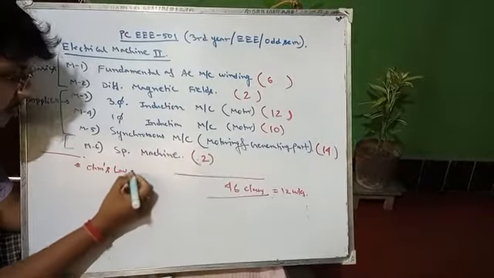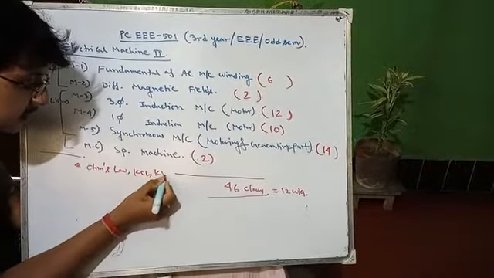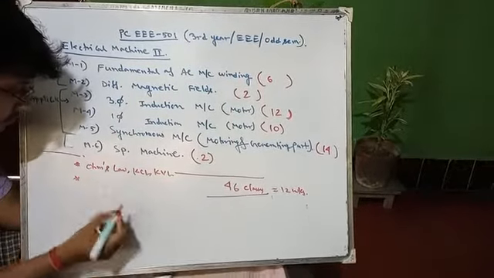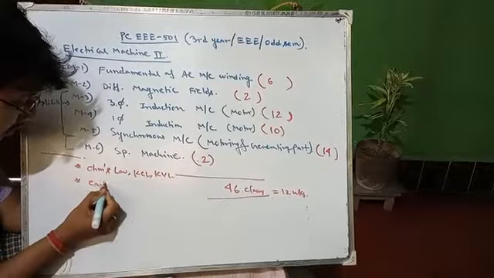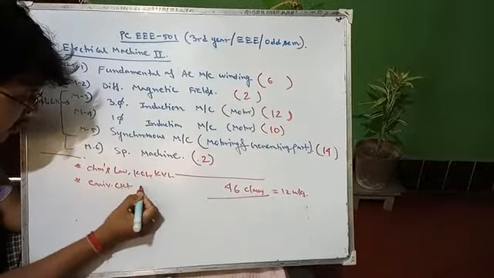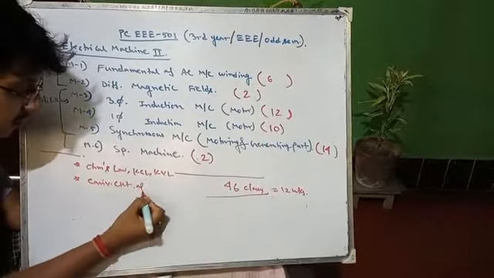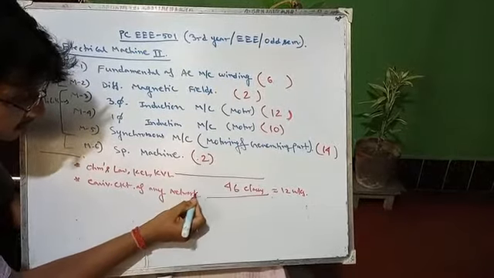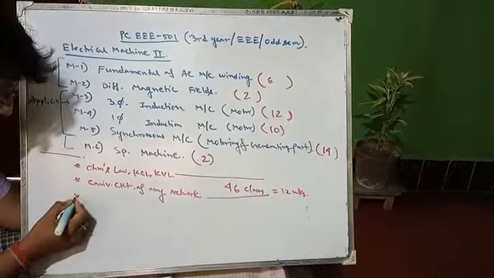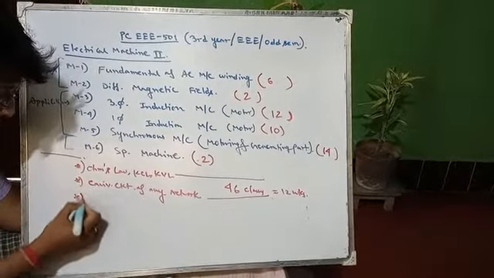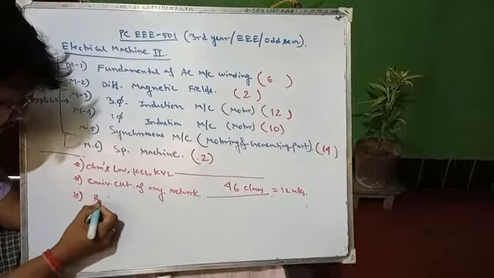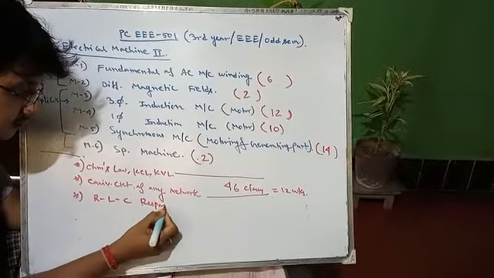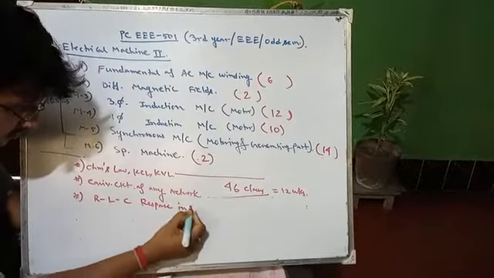Ohm's law, then KCL, KVL. This concept you have to first understand. Then equivalent circuit of any network. Next, RLC response in DC.